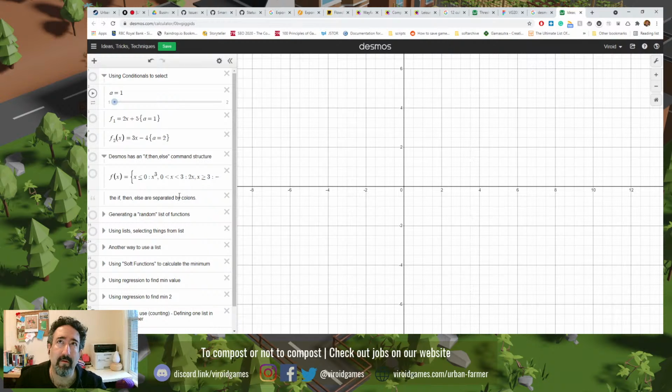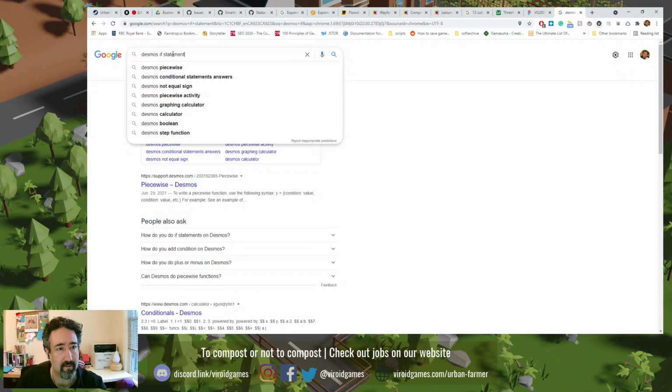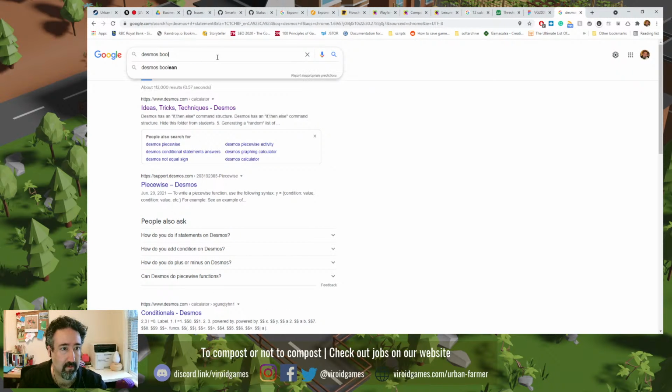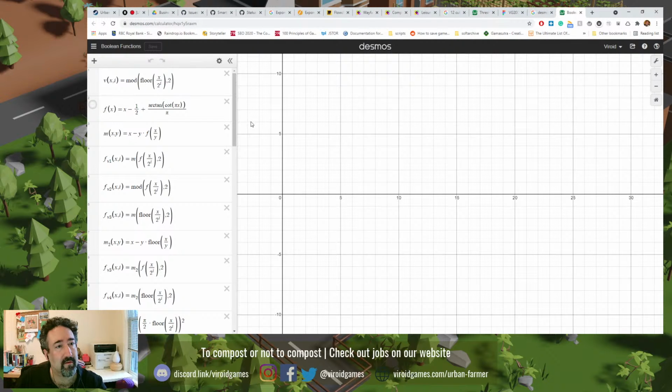Sure, but in this case it doesn't make sense. You kind of need a boolean. That's really what it is. Boolean function doesn't really apply to my case.